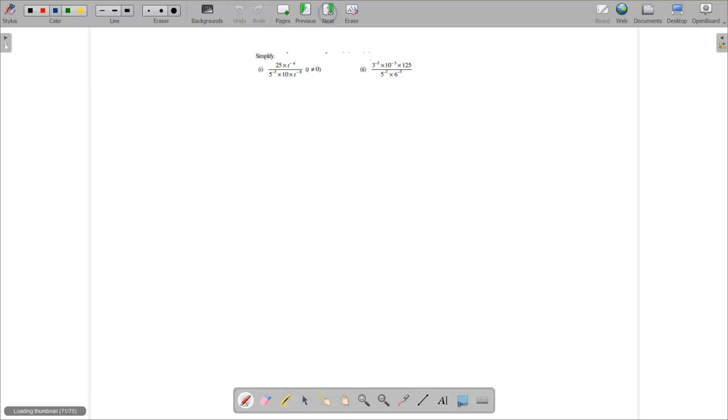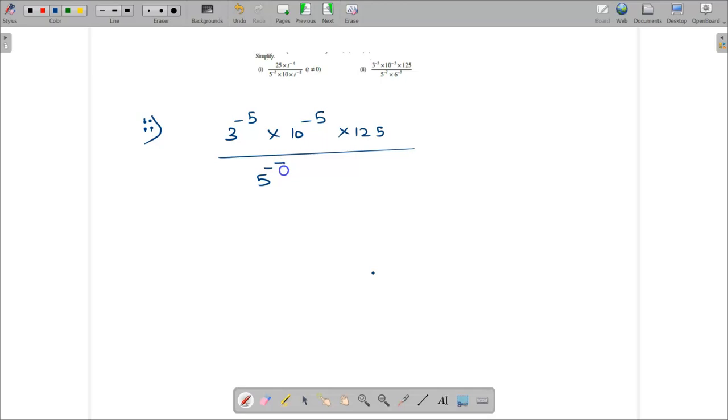So let us see the second subdivision. We have 3 power minus 5 into 10 power minus 5 into 125 divided by 5 power minus 7 into 6 power minus 5. So this is the second problem. Let us simplify this.